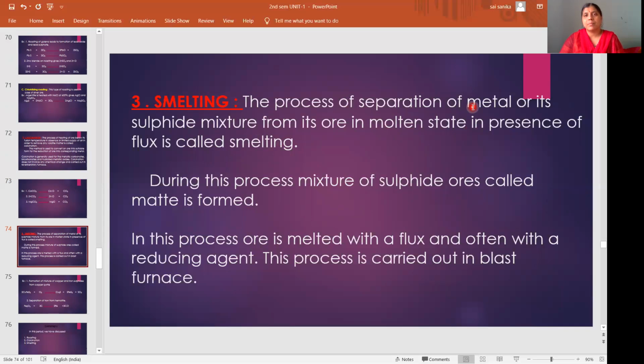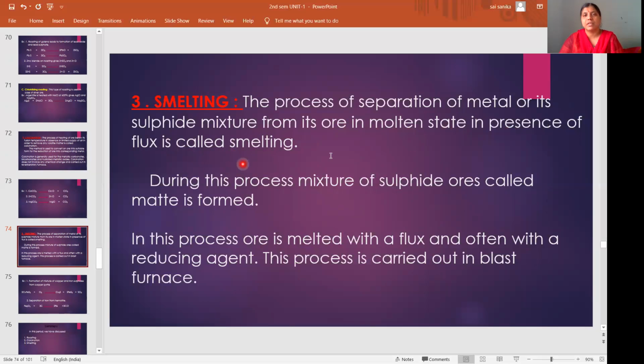So smelting means the process of separation of metal or its sulfide mixture from its ore in molten state in the presence of flux. That means we are separating the metal, or the sulfide mixture, from the ore in molten state in the presence of flux.